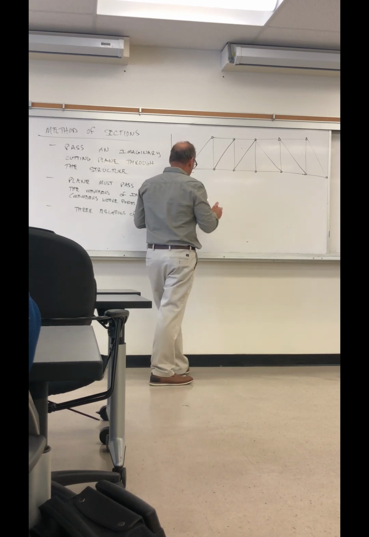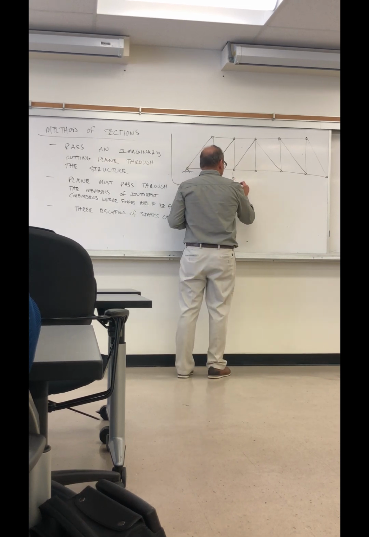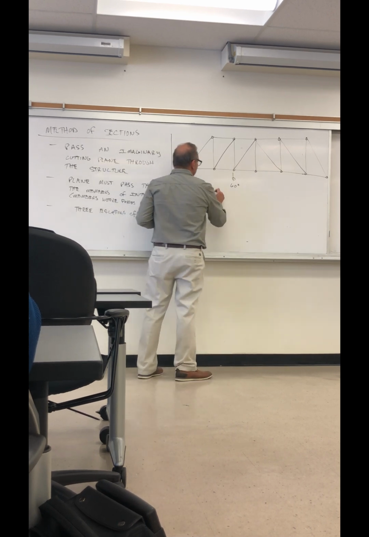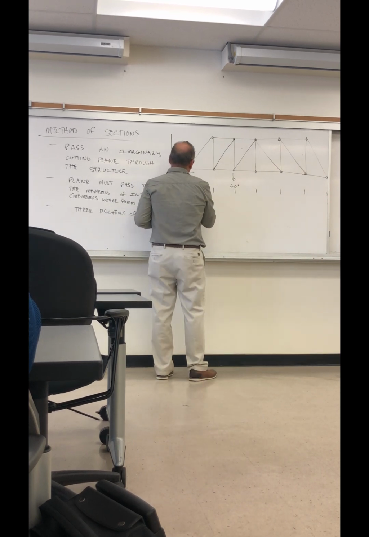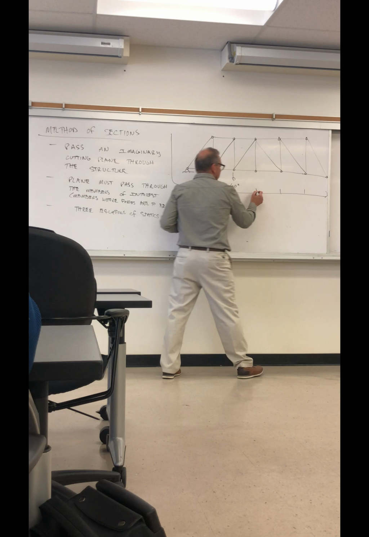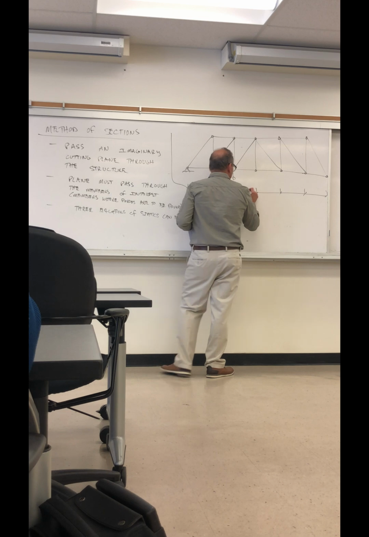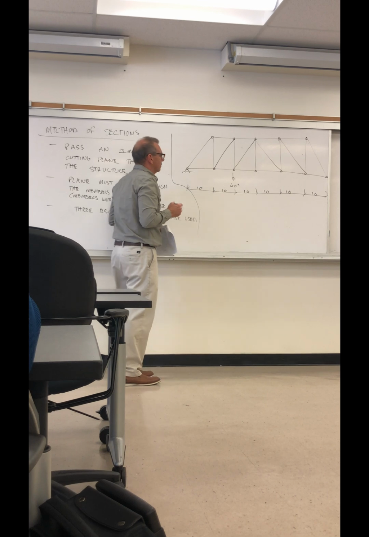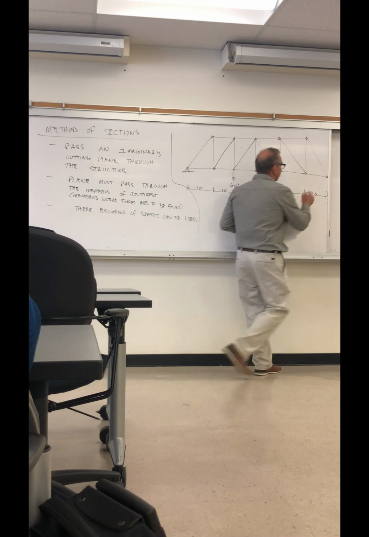We said C here, we're going to have the force down 60 kips. Otherwise, the geometry of this truss looks like this. We're spacing 10 feet this way. The roller support here.